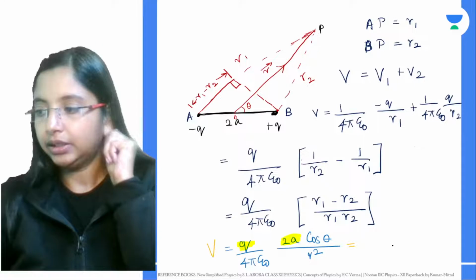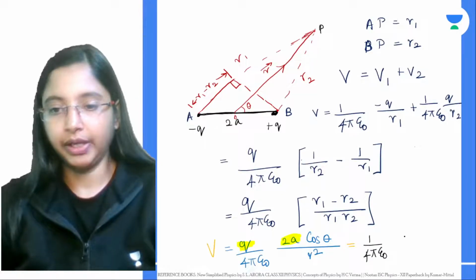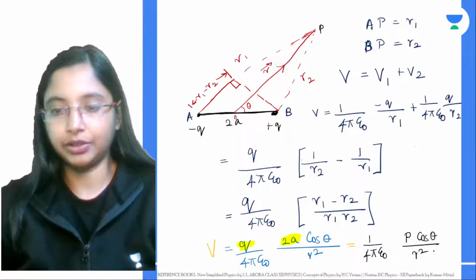So you can say the potential is 1 by 4 pi epsilon naught, dipole moment P cos theta divided by R square.